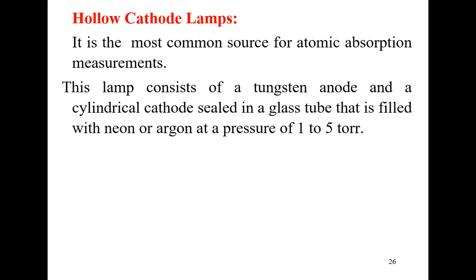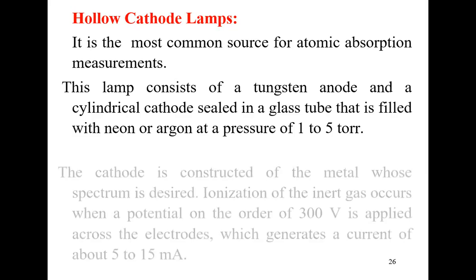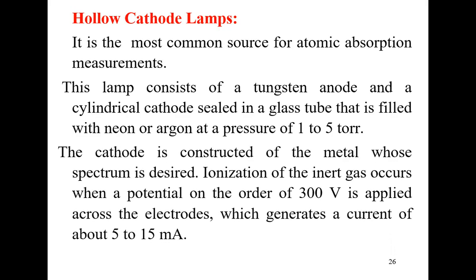Now, why do we need neon within that tube? Remember there is the anode and the cathode, a cylindrical cathode, and all those are sealed in a glass tube filled with neon. It can be neon or argon, because they're most commonly used.